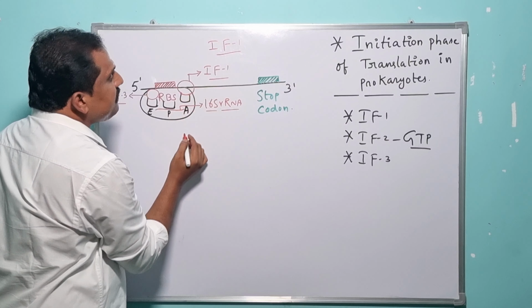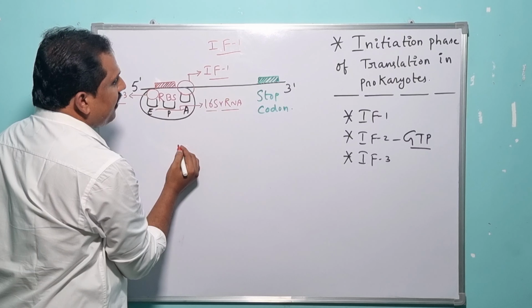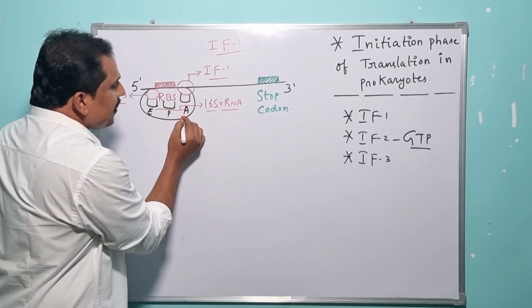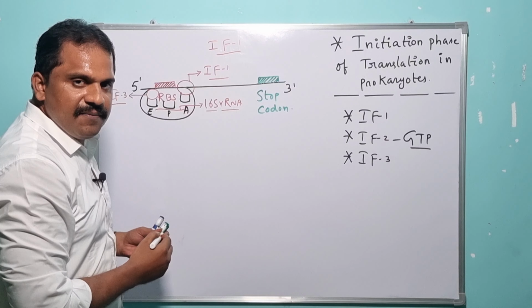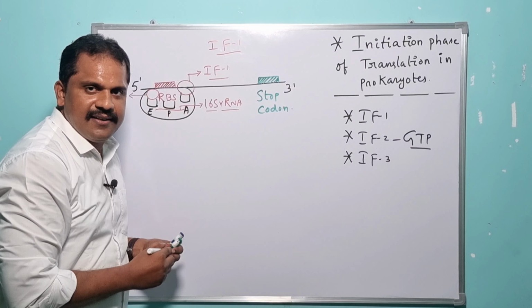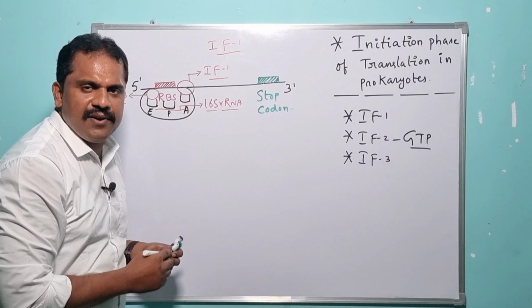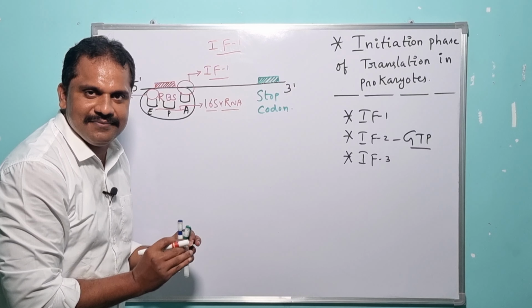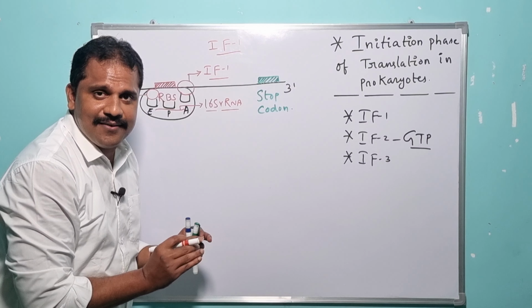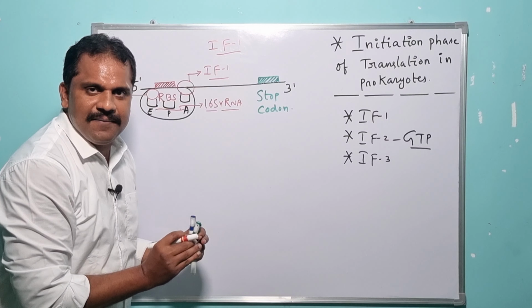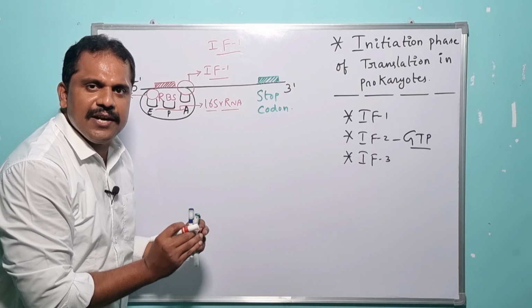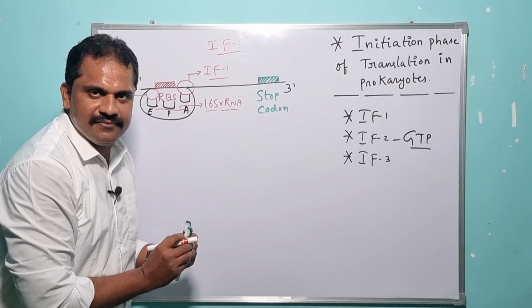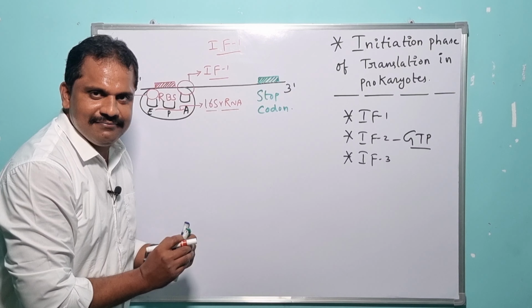So once the specific initiation factor 1 has got successfully recruited to the A site of the ribosome, very adjacent to that, a specialized initiation factor known as initiation factor 2, by taking advantage of one molecule of GTP, gets successfully recruited to the P site of the ribosome. Is it okay for you?